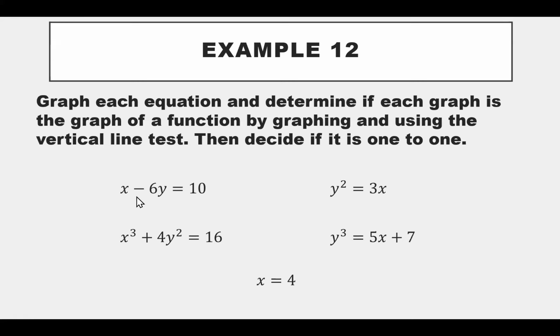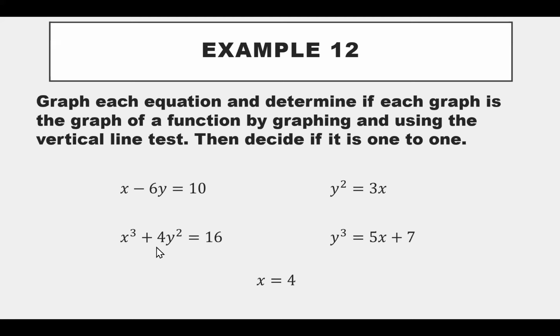And so each one of these, through graphing, is giving us the same result as we had before. X minus 6y equals 10 is a function. It is also, now we can see, one-to-one. Y squared equals 3x is not a function.